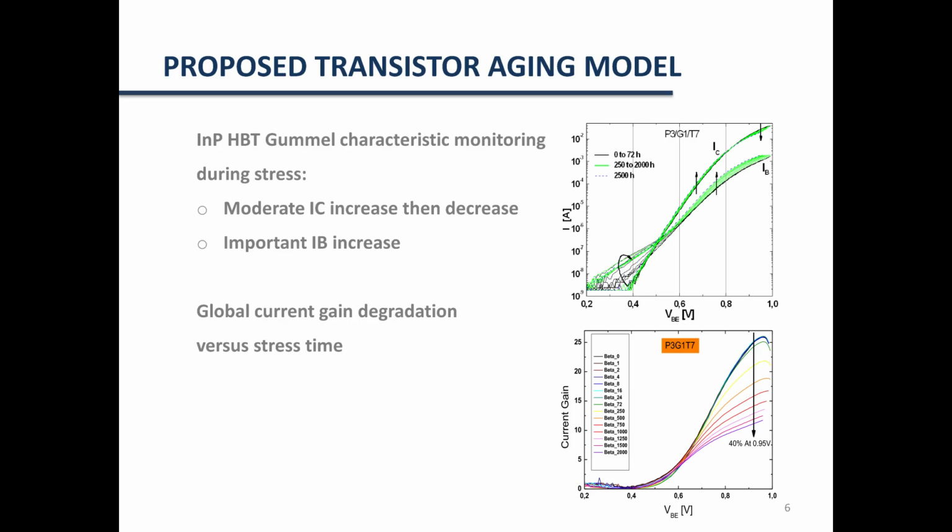We have a moderate IC increase, then a decrease at higher currents. We also have an important base current increase. And overall, this ends up with a global current gain degradation versus the stress time. So this is the situation we typically have in this kind of aging campaigns.